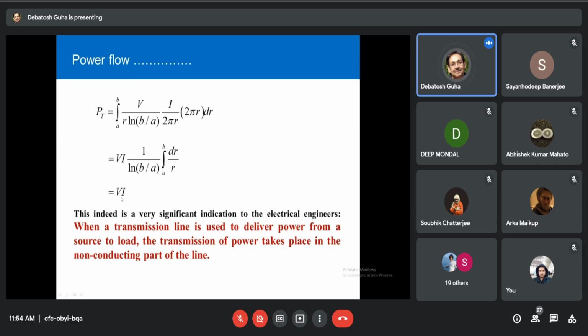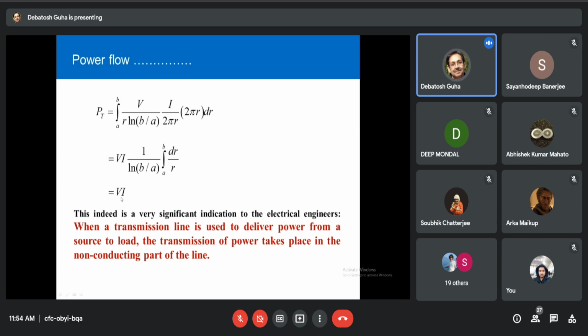That means even though you use this simple electrical circuit, the energy flows through space, not through the conductor. That is the truth.